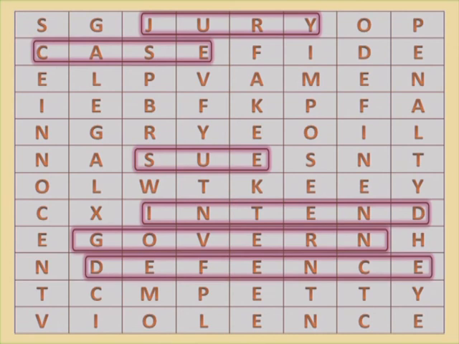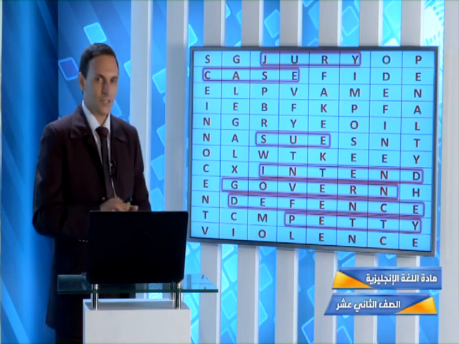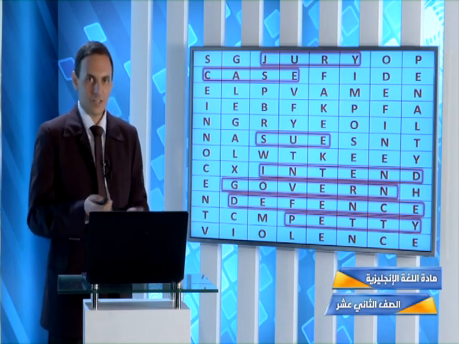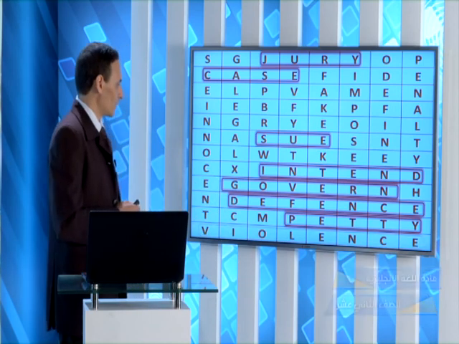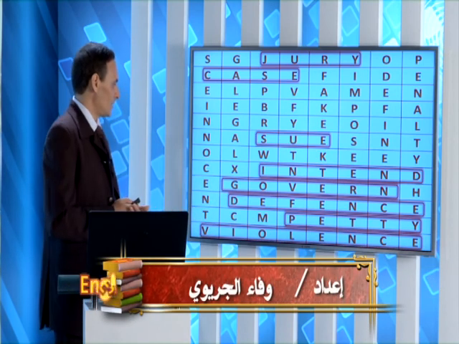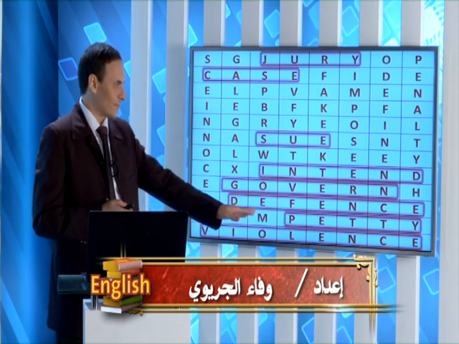Next word is right here, defense. And next word is an adjective which means of little importance. It is the word petty. Next word is at the bottom, and it means an aggressive behavior, violence.